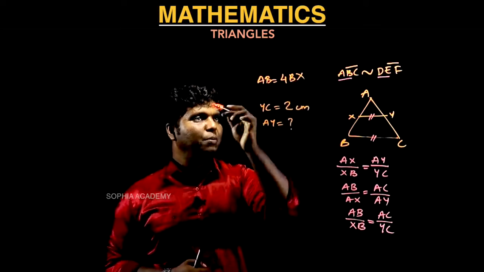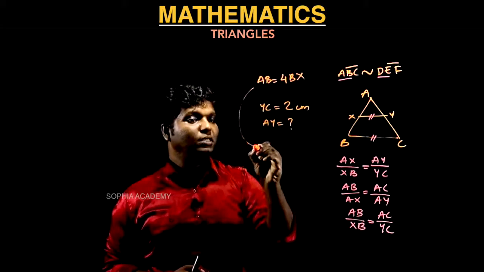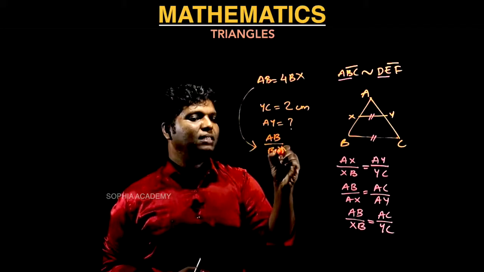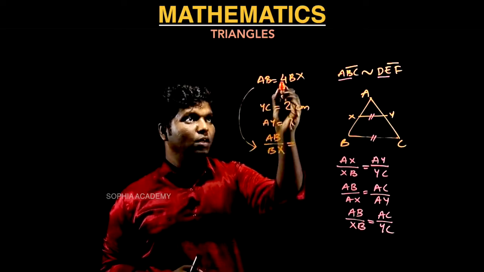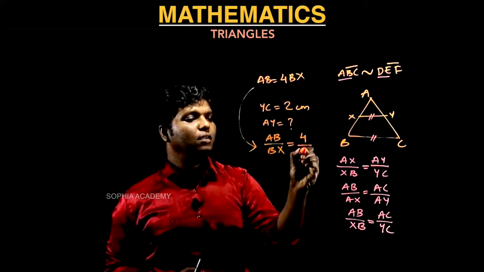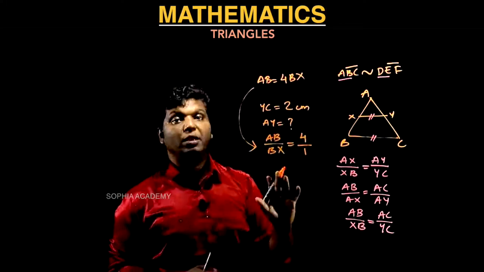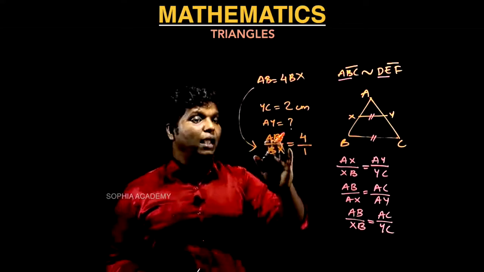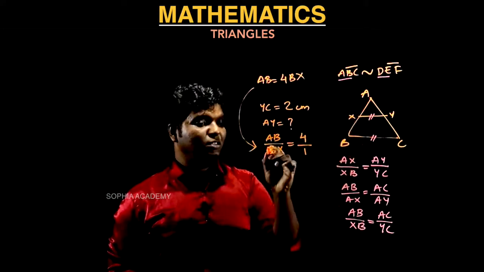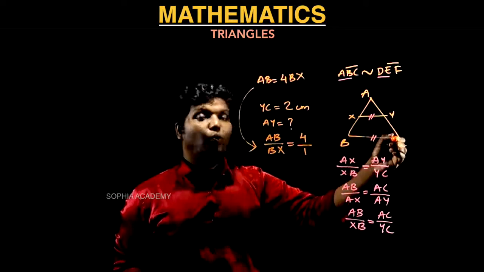If I'm bringing BX to this side, this equation can be written like this: AB by BX is equal to 4 by 1. I brought this BX here, so 4 is already there, divided by nothing, so it will be 1 itself. So we know that AB by BX is equal to AC by YC.